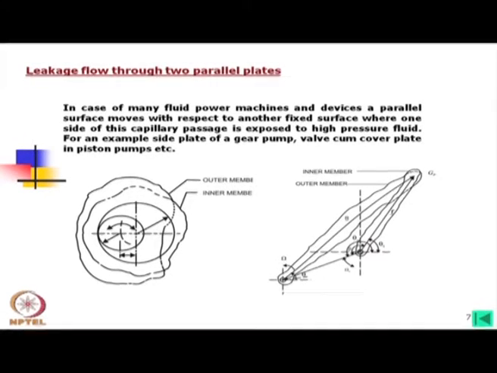I think you may not have the idea of a gear pump, but just imagine two external gears rotating within an enclosed space and there are two side plates and it is pumping oil from one side to the other side. So, definitely there is a pressure felt inside the cavity, and then there will be leakage through the side plates. That can be analyzed with the theory that we are going to study now.